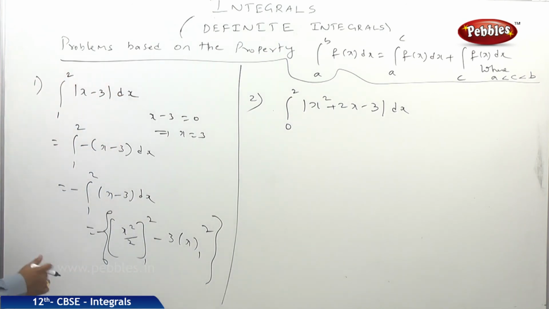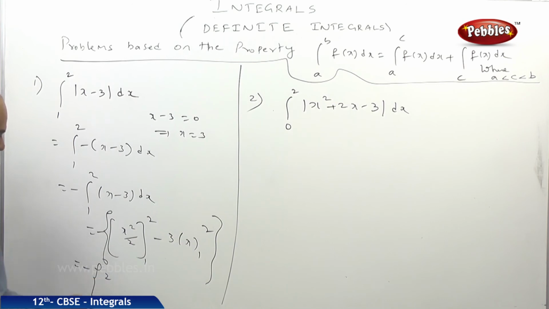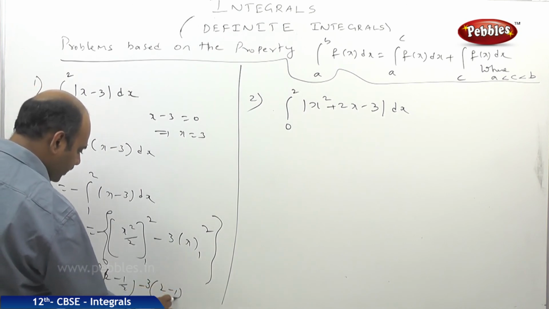So finally, that is equal to minus of, I need to substitute the upper limit and the lower limit. So 2 square by 2 will be 2, minus 1 by 2, minus of 3 into (2 minus 1).